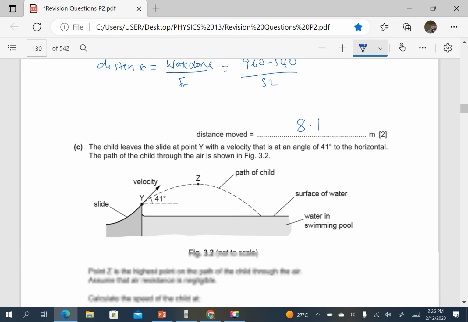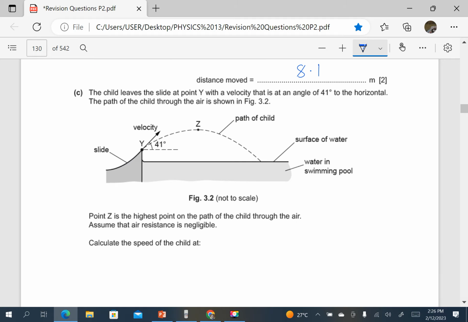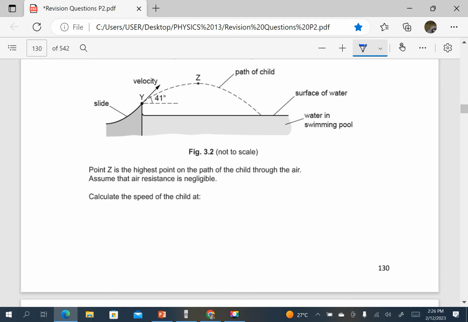The child leaves the slide at point Y with a velocity at an angle of 41 degrees to the horizontal. The path of the child through the air is shown. Point Z is the highest point. If Z is the highest point, we know that at maximum height v is 0. Assume that air resistance is still negligible.